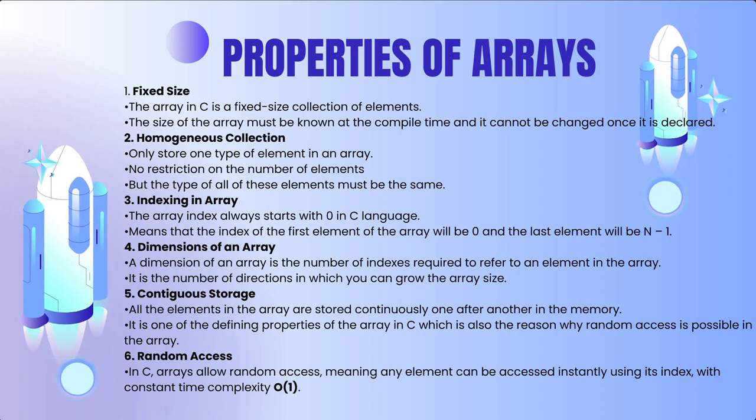Using the index of an element, we can access the particular element stored at that index. C allows random access, which is what I just explained, meaning any element can be accessed instantly using its index with constant time complexity.